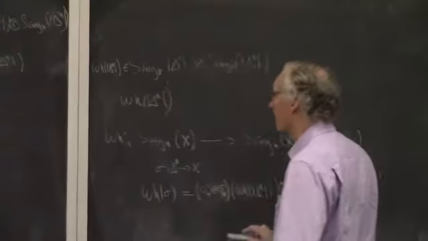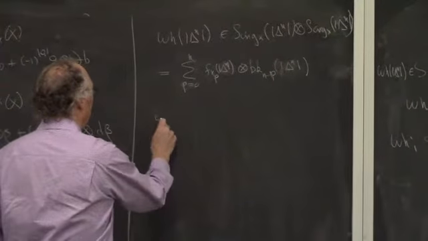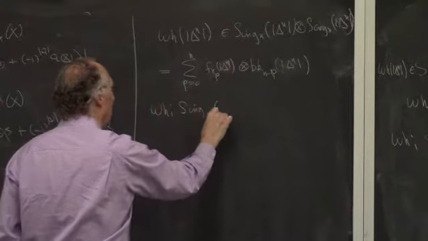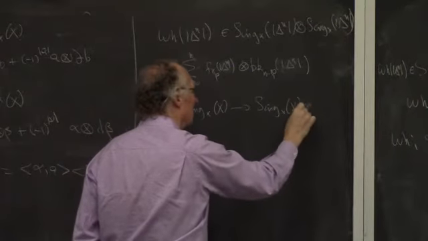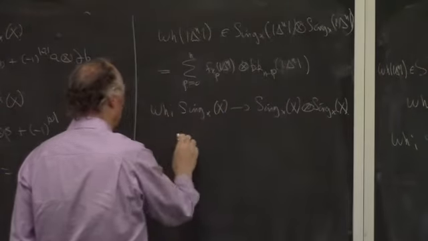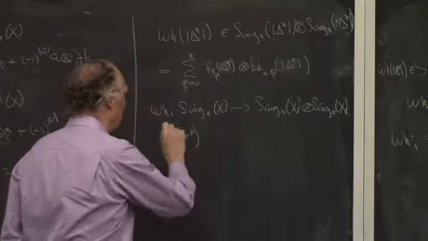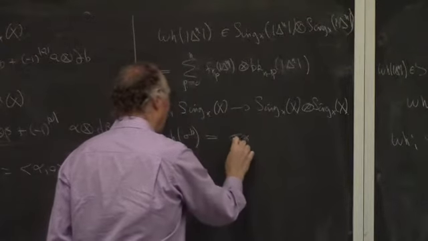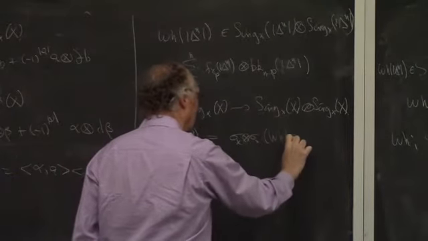Okay. All right. So that's my Whitney chain, and now I can define Whitney from singular chains of x into singular chains of x tensor singular chains of x, by telling you what it does on a simplex sigma, a singular n simplex. Well, this is what I just said before. It's sigma star tensor sigma star of Whitney of delta.